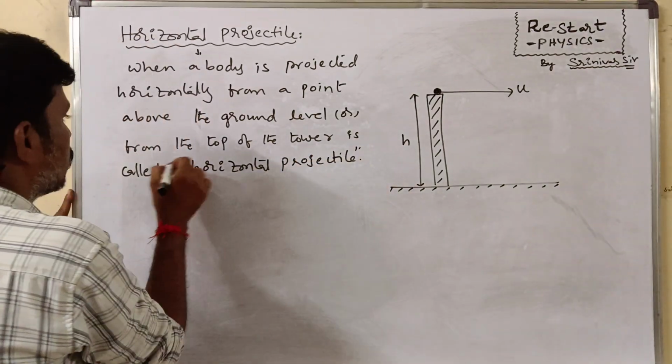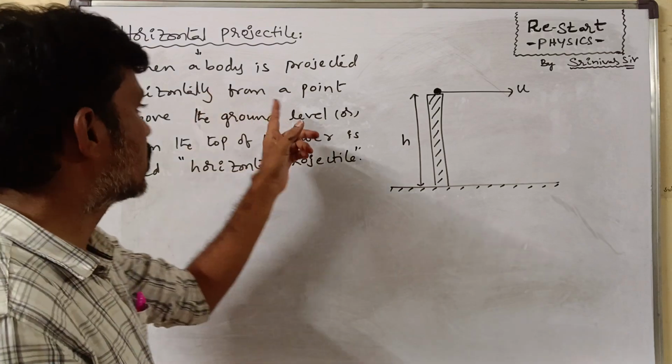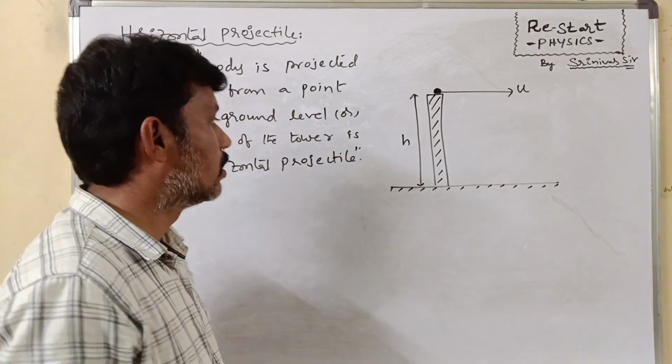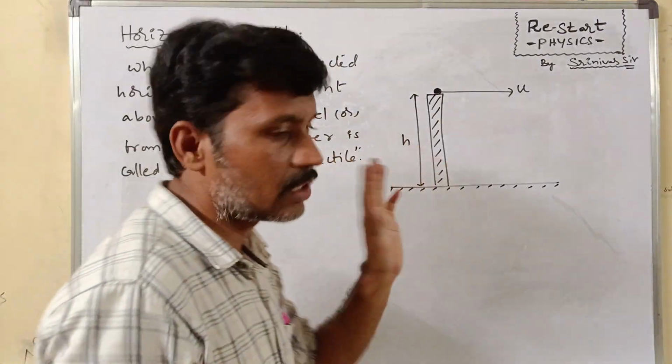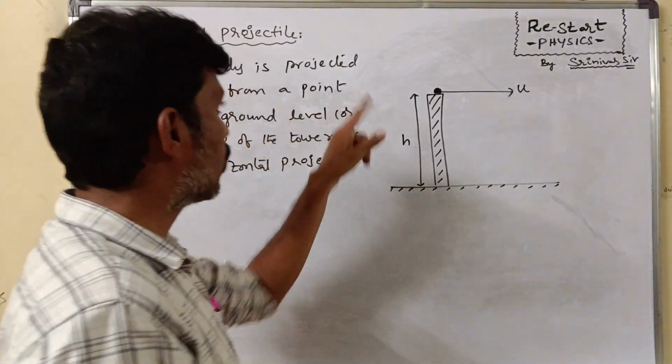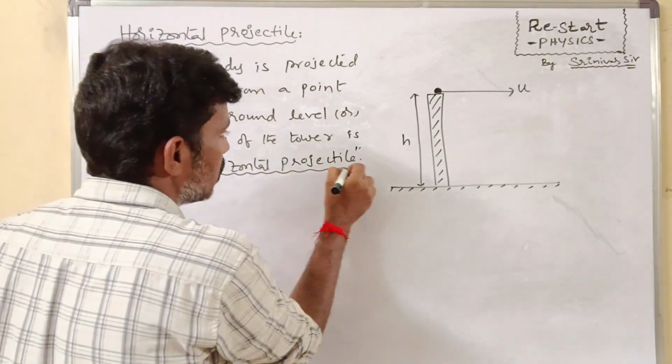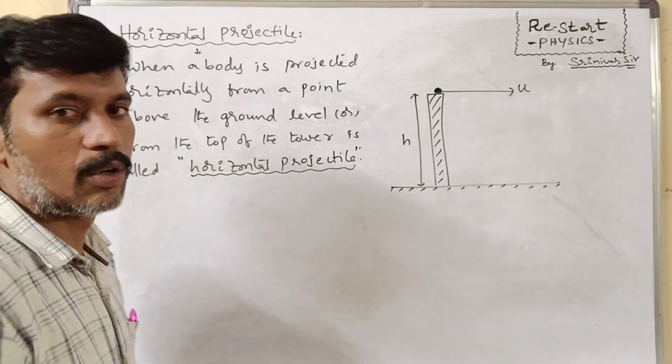Any body projected horizontally from a point which is above the ground level, otherwise from the top of the tower, whatever it may be, that body is called the horizontal projectile.